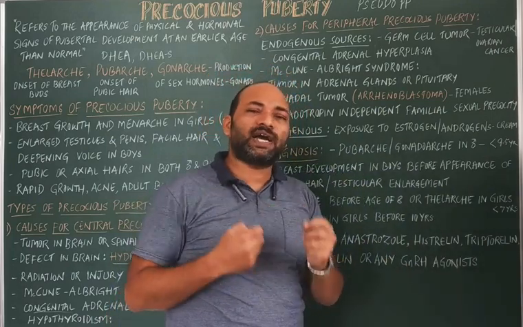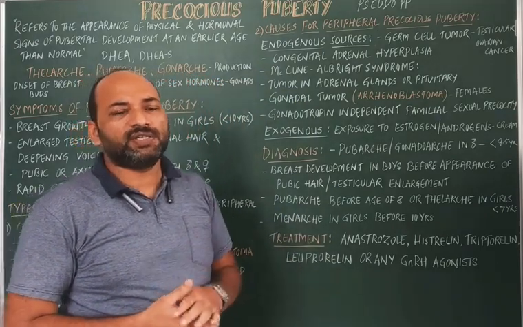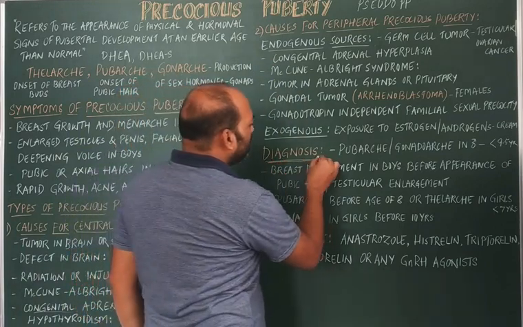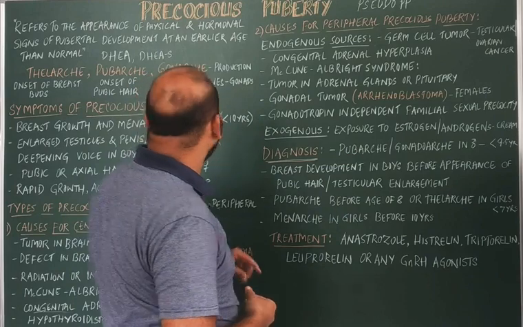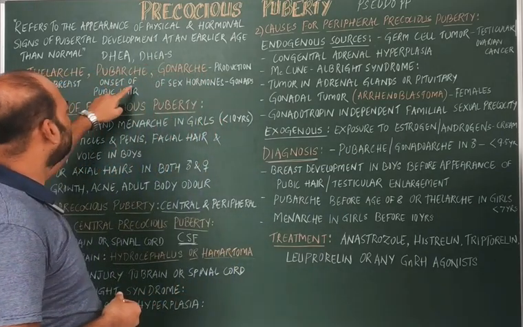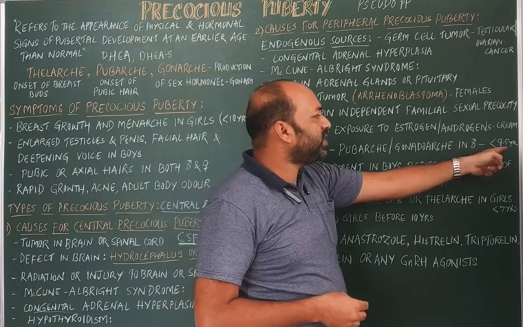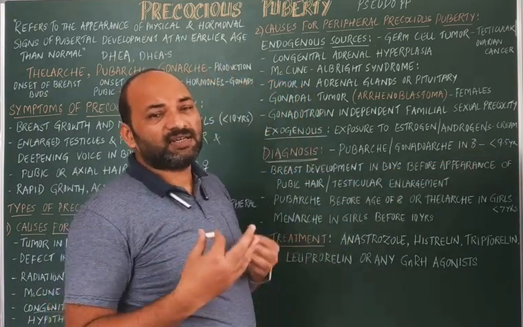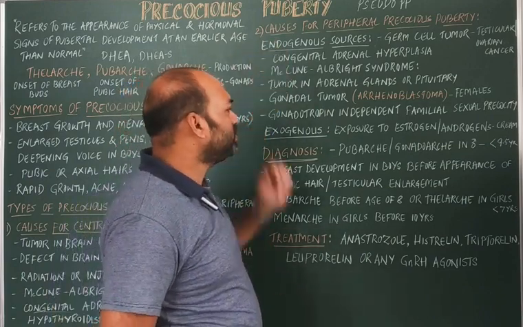Now, how do we diagnose whether an individual has precocious puberty or not? In diagnosis, the first one is called pubarche, as I already told. That is the onset of pubic hair. If it appears at less than the age of 9.5 years, that is one sign that a child, a boy or a girl, has precocious puberty.